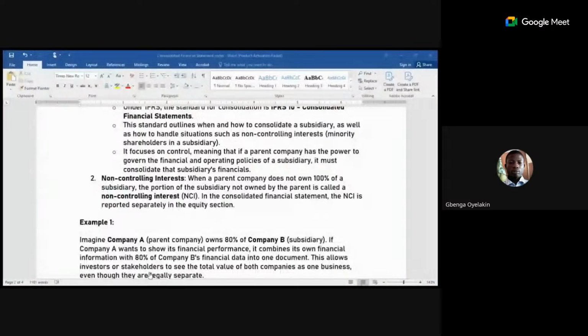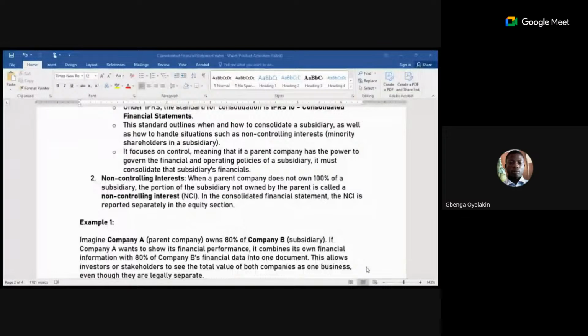From what you have explained, you said consolidated financial statement is just talking about the financial statement that is put together, both the one for the parent and the one for the subsidiary.